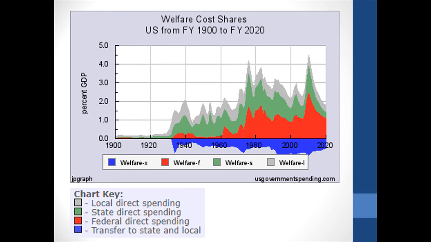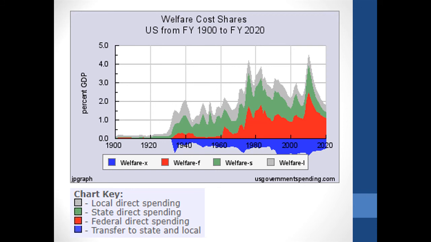If we look at this, the gray is local spending on welfare, the green is state spending, and the red is federal spending. The purple at the bottom is the transfer from the federal to state and local government. So if we think about CHIP, Medicaid, Medicare, the federal government is giving money to state and local governments to spend.